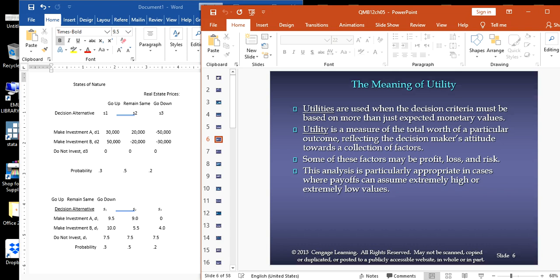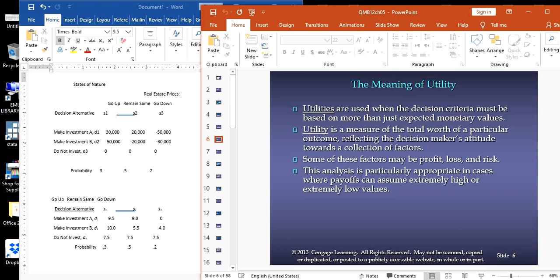So some of these factors may be profit, loss, and risk. Okay, it's simply ranking these numbers which are given here in terms of utility, not in terms of dollars. These are dollars. These are monetary values.